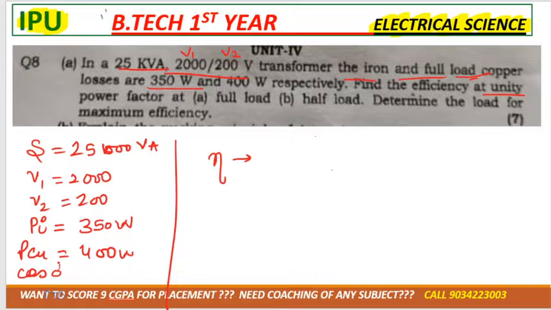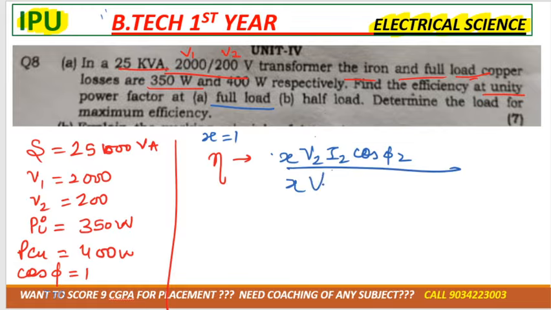Unity power factor, as you know, means cos phi is equal to 1. First they said calculate efficiency at full load, meaning x is equal to 1, right? So I'm writing the formula: x V2 I2 cos phi 2 divided by x V2 I2 cos phi 2 plus Pi plus x squared PCU. x is 1.